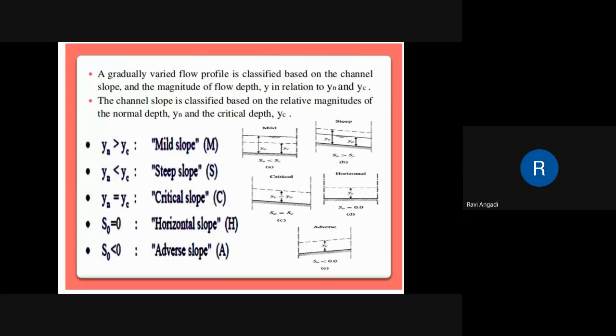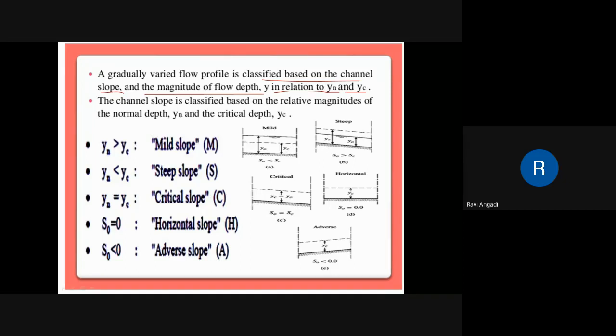Coming to the different slopes, a gradually varied flow profile is classified based on the channel slope and the magnitude of the flow depth y in relation to yn and yc. The channel slope is classified based on the relative magnitudes of the normal depth and the critical depth yc.